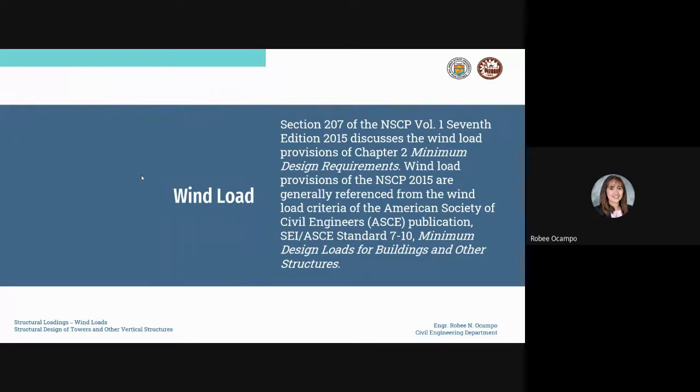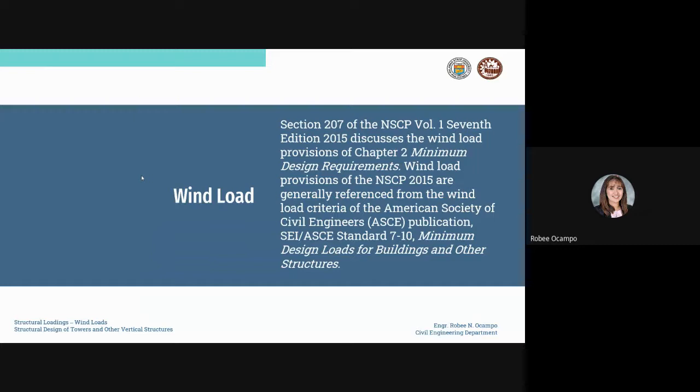So sa darating na bagong edition, the 8th edition of the NSCP, which will be published hopefully by 2022 next year, according to the ASEP, I think the version of the ASCE that they will reference is the 7-16, or a later edition.